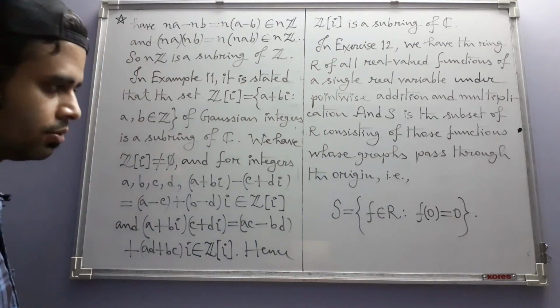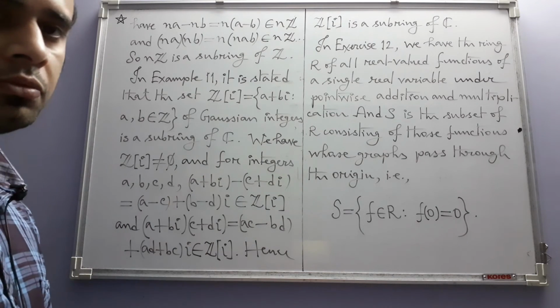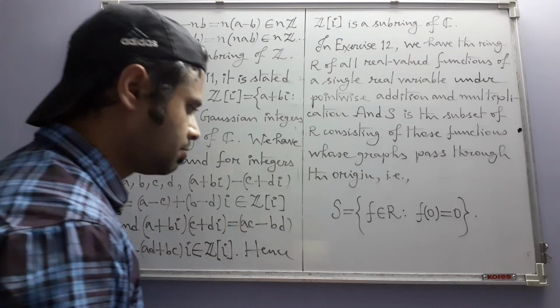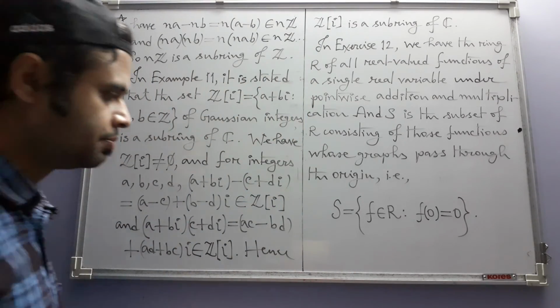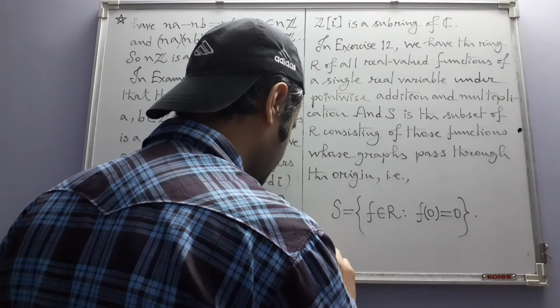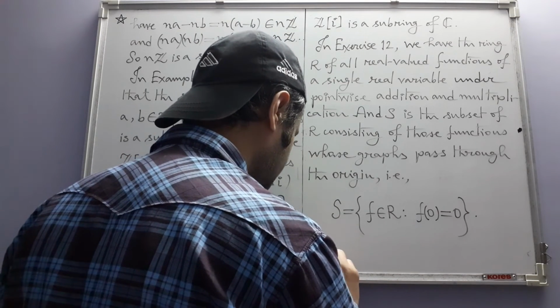Now we have to prove that this S is a subring of R. Same procedure. First you make sure that S is non-empty. That is rather easy.